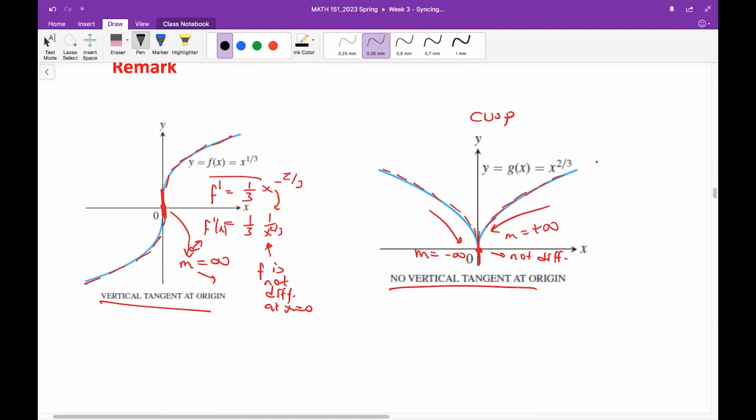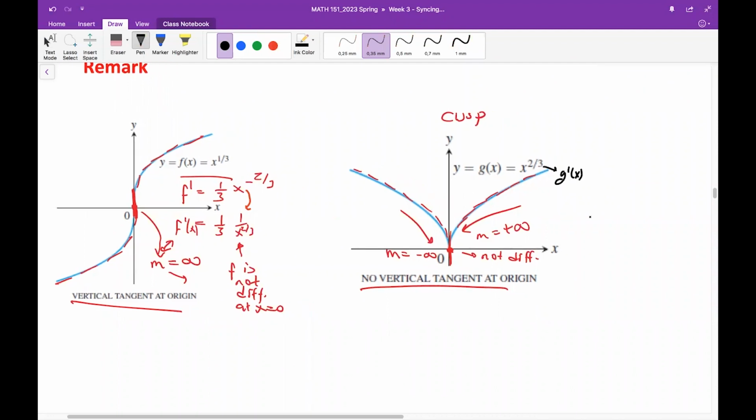Okay, let me also show you why it is not differentiable by taking the first derivative of it algebraically. Similarly, you take the power down, you subtract 1 from the power, giving minus 1/3. So it is 1/3 times x to the power of minus 1/3. And as you can see, the first derivative is not defined because you cannot put 0 in the denominator.